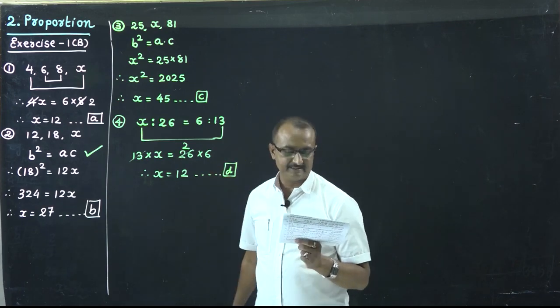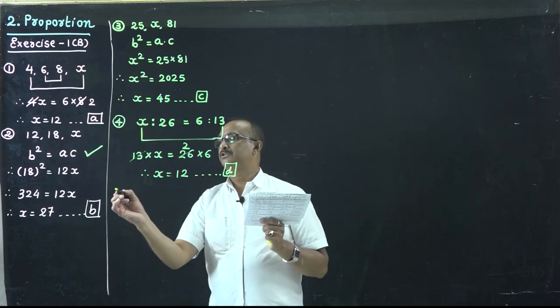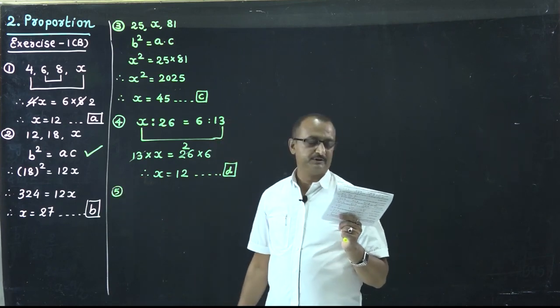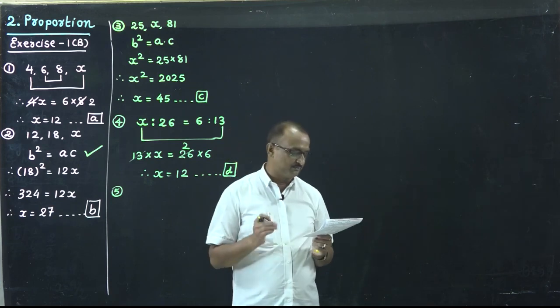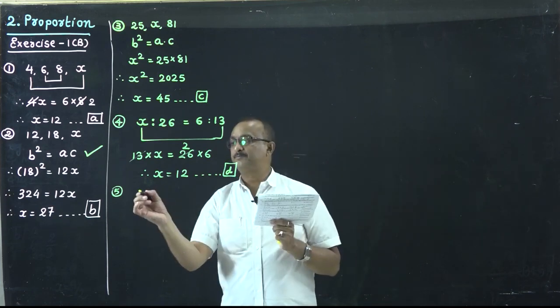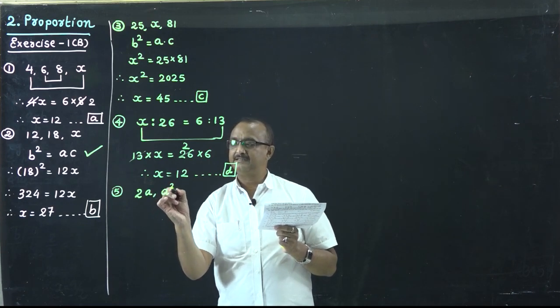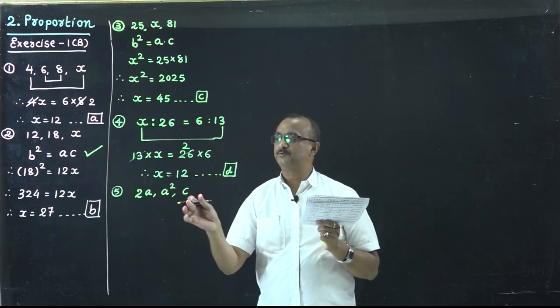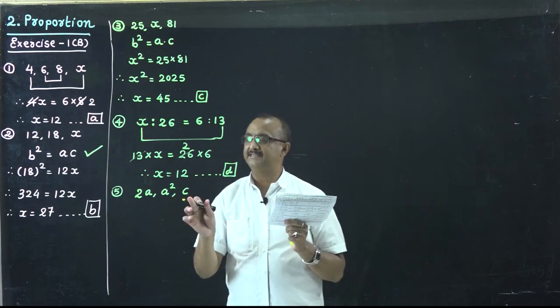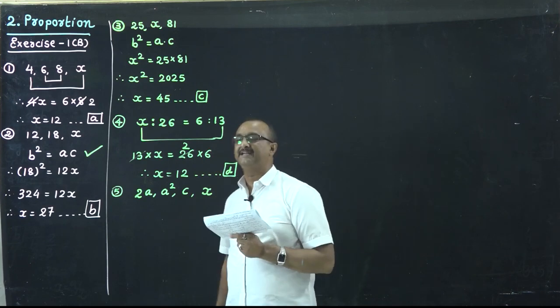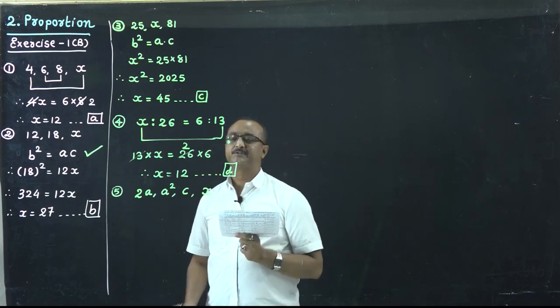Option D is correct. Question number 5. The fourth proportional, see which question is asking, fourth proportional to a square, c. The fourth proportional of 2a square and c is, so we have to find the fourth proportional. We are putting x instead of fourth proportional.